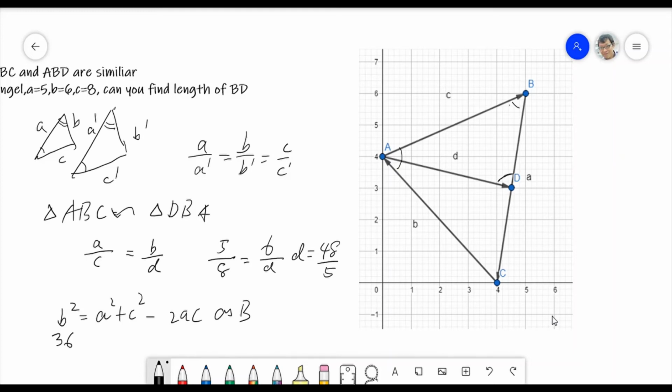So B square is 36, right? A square is 25, C square is 64. C is 8, yes, and A is 5. So minus 2AC, A times C, 40, so 80 cosine B, right?